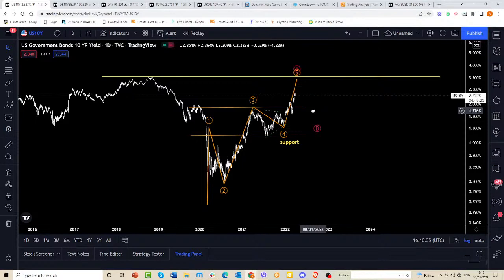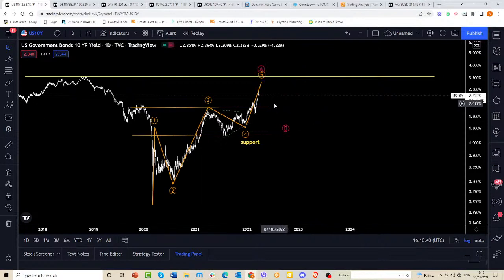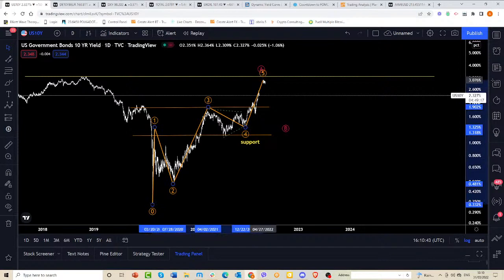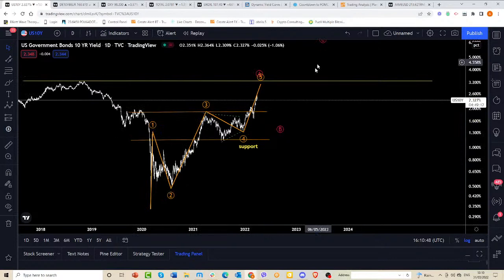But anyhow, changing this wave count into a more aggressive 5-wave move actually gives us, in some time, in a couple of months, just a small pullback in a B wave and then continuation up in the C wave, which, as you can see, will give us much higher rates in the months to come. So that kind of agrees with the heightened price of commodities, oil. So we might be in this inflationary situation for a couple of years.